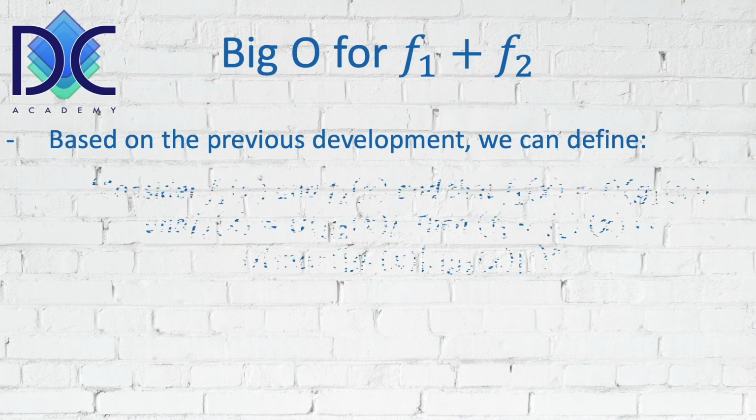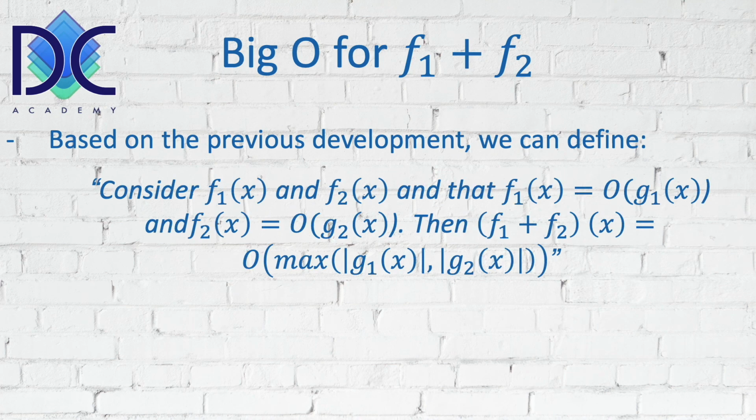There is another way to state this for f1 plus f2. When f1 of x is big O of g1 of x and f2 of x is big O of g2 of x, then f1 plus f2 of x is big O of the maximum of g1 of x and g2 of x.